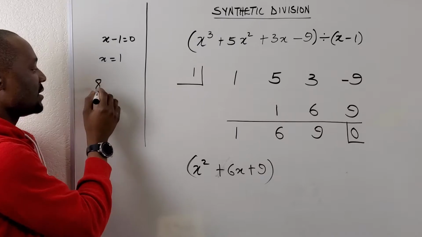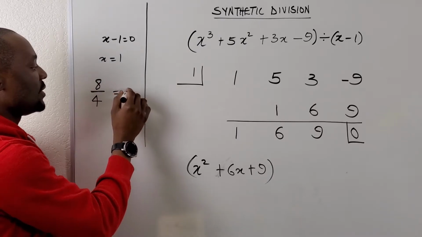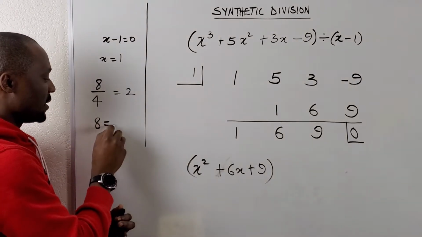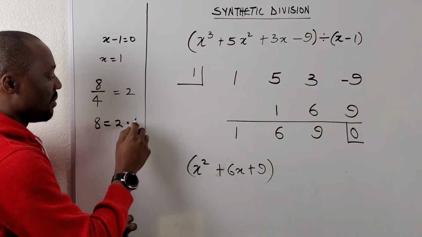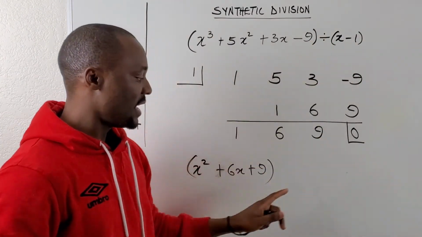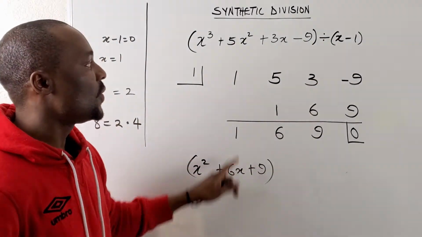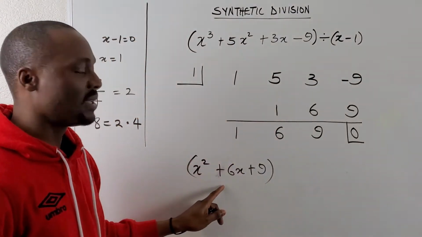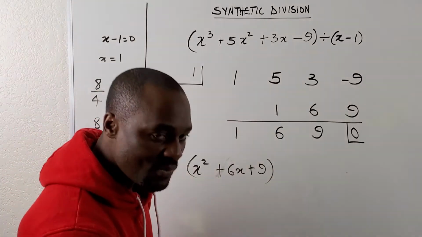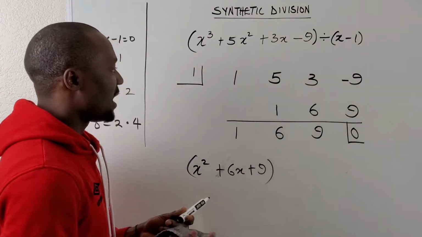If you say 8 divided by 4 and your answer is 2, you can conclude that 8 is equal to 2 multiplied by 4. So if you divide this by this and you get this as your answer, you can conclude that this equals this times this. That's how that works. Now look at what this question actually tells us.